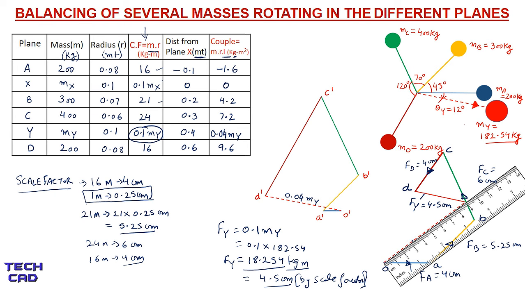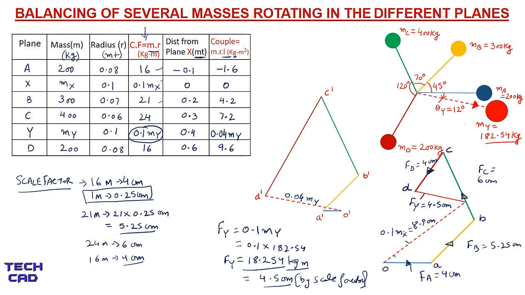The magnitude of this line will represent, from this table, 0.1 Mx. As per the scale, if we measure it, it is around 8.9 centimeter. So the length of this line is 8.9 centimeter, and as per this table this is 0.1 Mx.